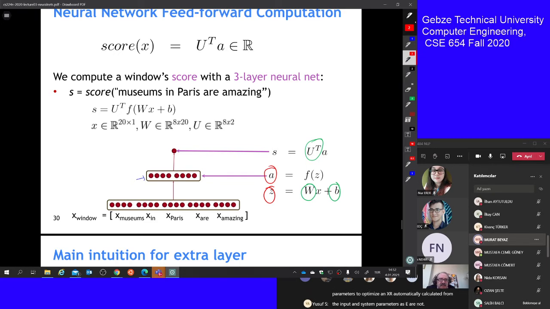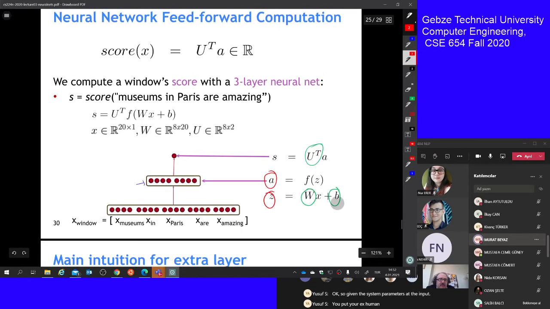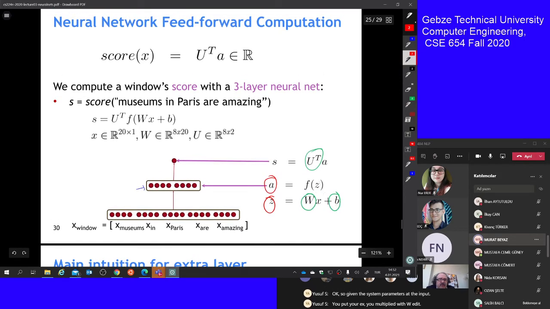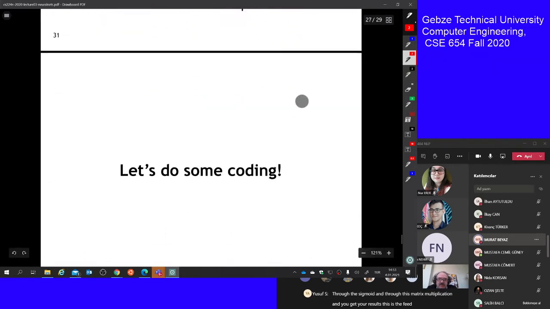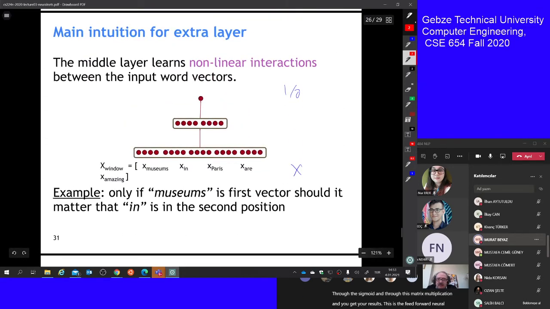I mean, our optimization will not make a decision on A and Z. Given the system parameters and the input, you put your X, you multiply it with W, add it through the sigmoid and through this matrix multiplication, and you get your results. This is the feed-forward neural network computation. Okay? Good. Any questions?